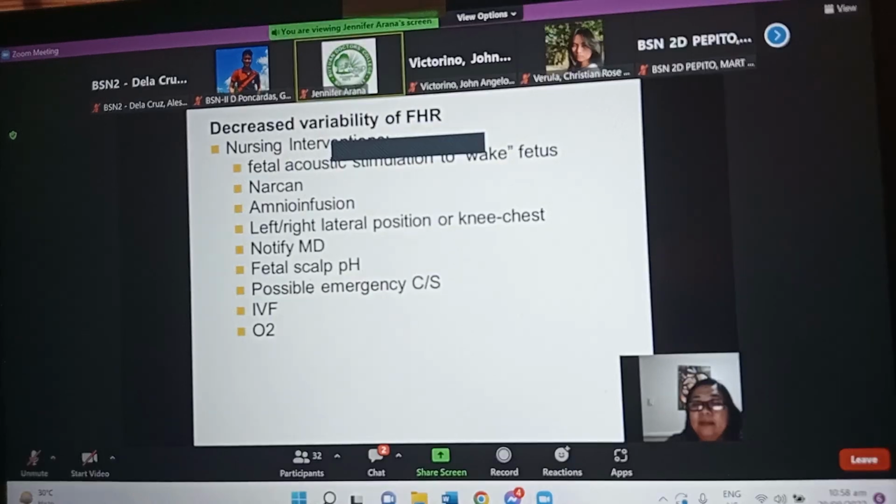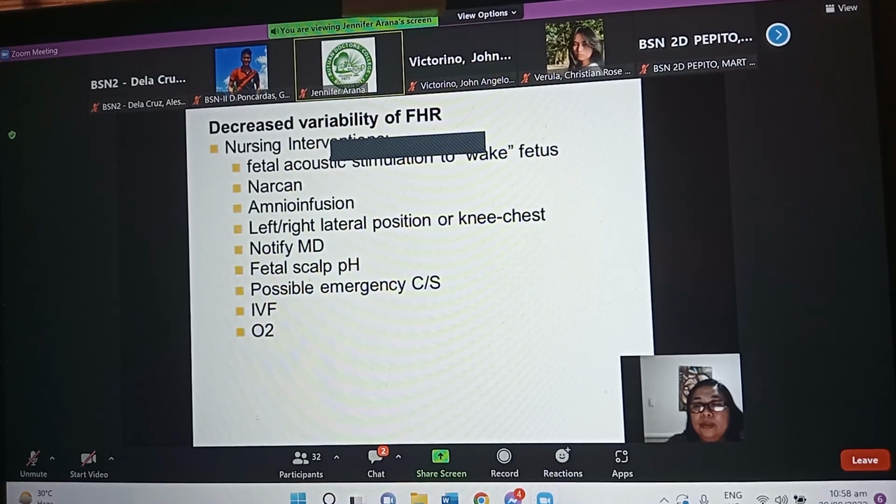Another intervention is amnio infusion to decrease cord compression and to dilute the meconium. And then we have to advise the mother to maintain a left or right lateral position or knee-chest position.